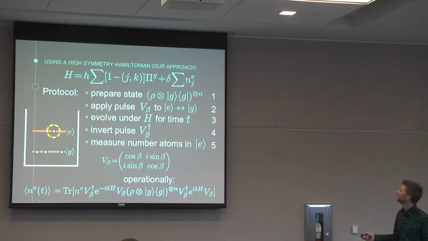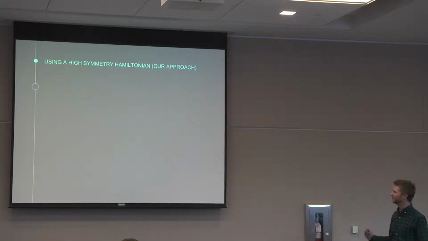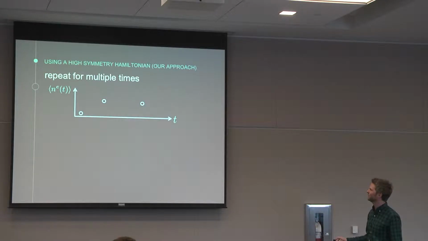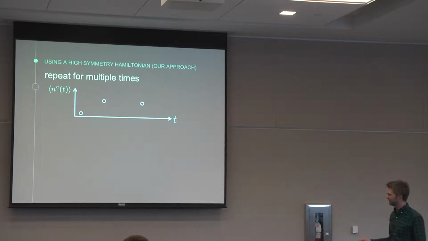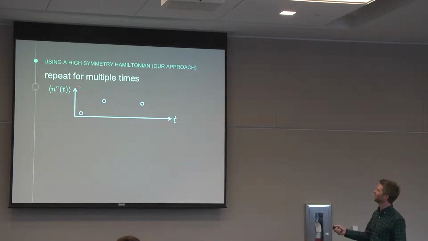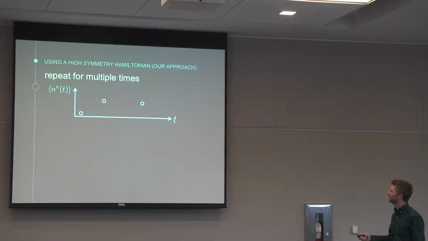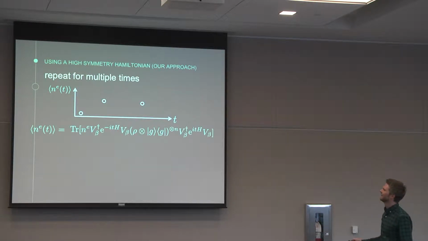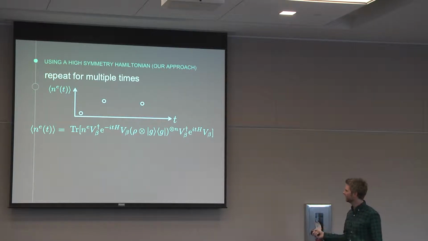OK. So how do you actually use this? Well, if you were to do this multiple times, you could get some data and draw a plot. Here, this is the expected number of atoms in the E state after evolving for time t. And as I wrote down before, you could write this big, long equation of how to calculate it analytically if you knew rho.